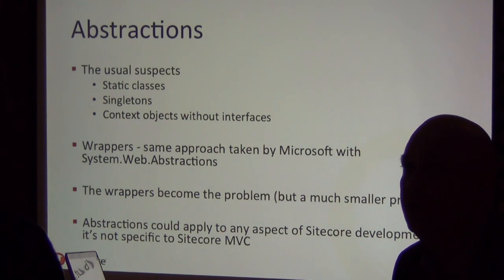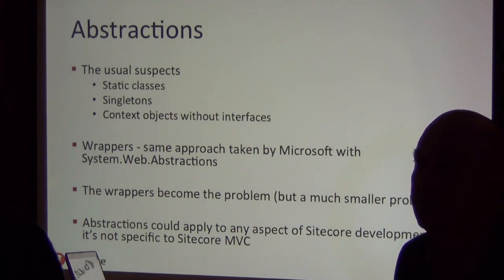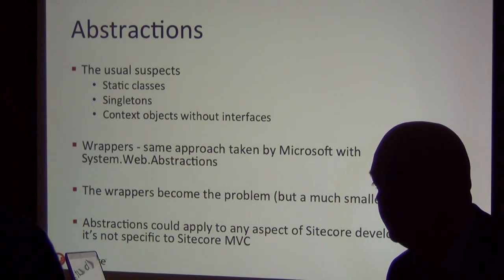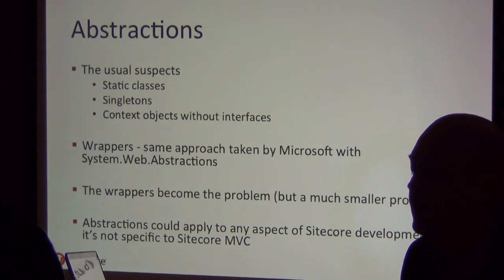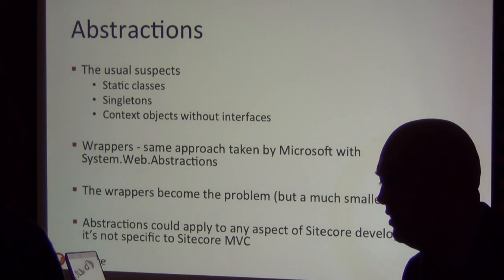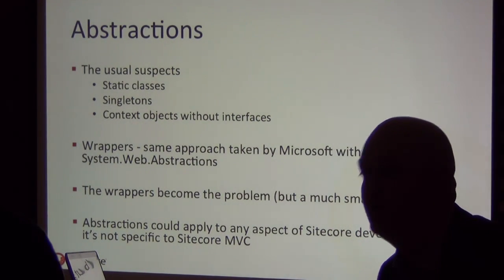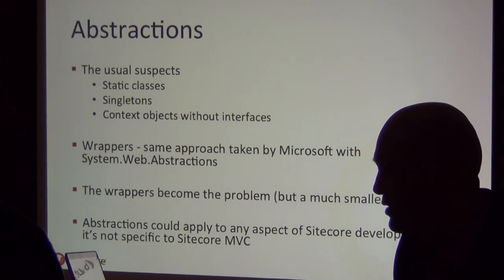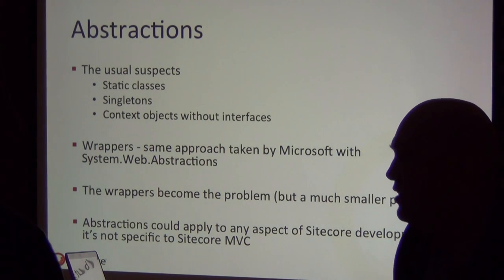I think the one we all think about is HTTP context. They introduced HTTP context wrapper and an HTTP context base class. There's a little bit of discussion whether you do abstract base classes or interfaces. I'm not fussed. I just use interfaces. Does anyone have an opinion? I prefer abstract classes.